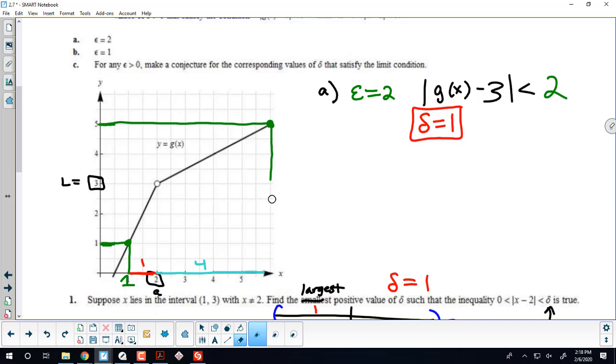So I'm going to erase our marks here. We're going to do the exact same thing for any other value of epsilon that we're given. The limit and the A don't change, so we're going to keep those marked.